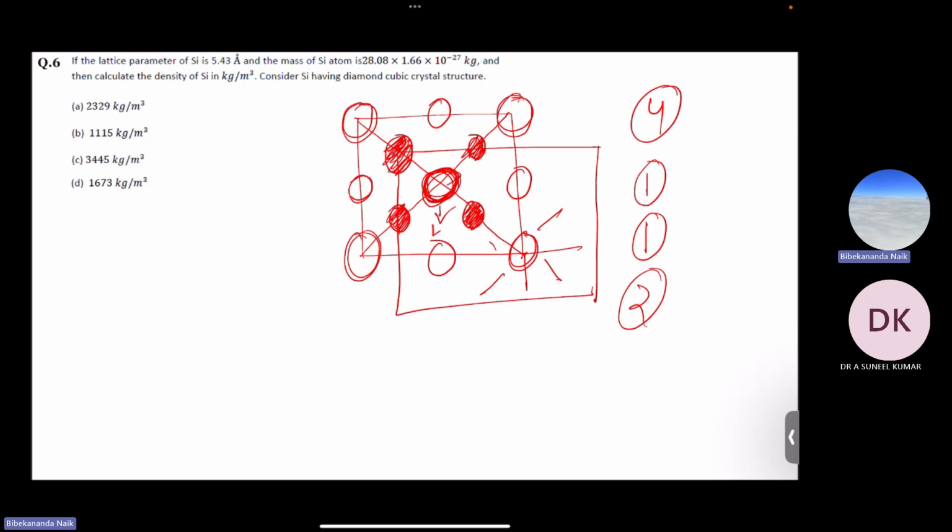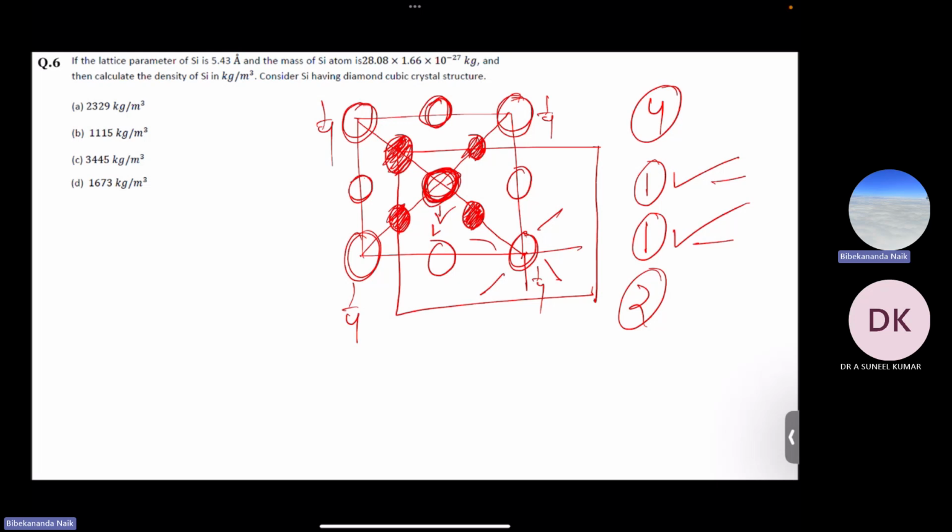To enclose all these atoms, we need 4 crystals. So corresponding to one crystal, their contribution is 1/4. Since there are four such positions, they contribute one. This one corresponds to the center one, and this one corresponds to the corner ones.